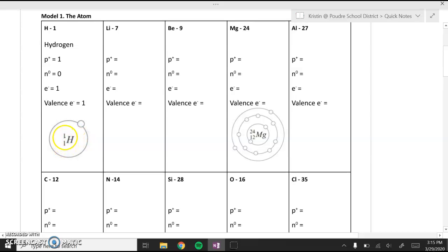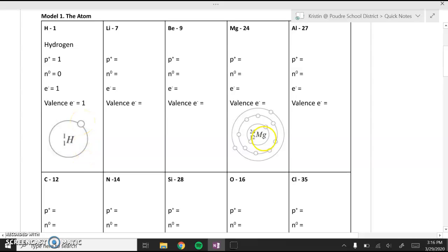So we have 1 over 1 and then H. So the one on the top tells me the mass number, the one on the bottom tells me the atomic number, and then it has the atomic symbol. So I would know where to look for this on the periodic table. And then it shows us the electrons. We've got one ring with one electron.